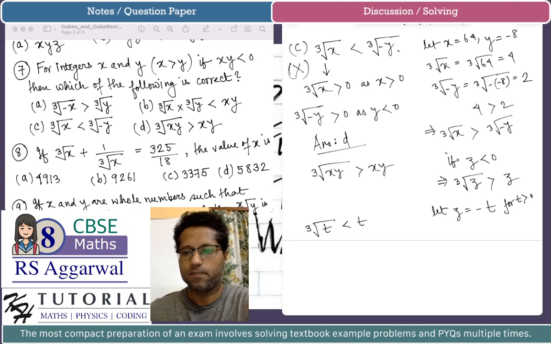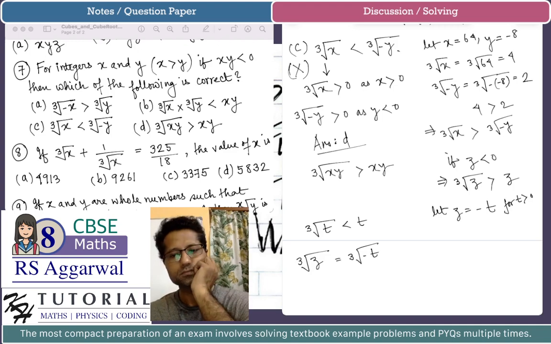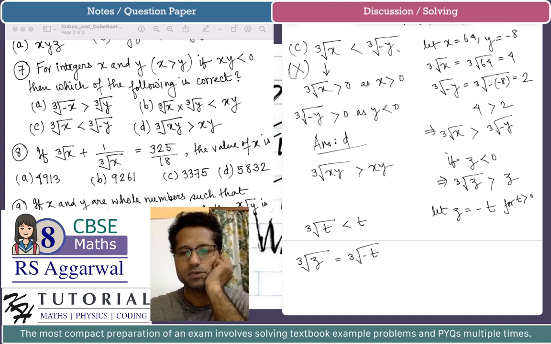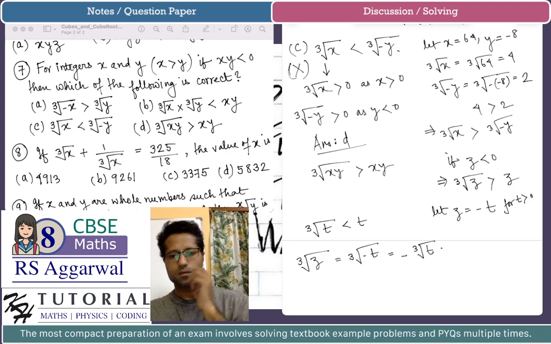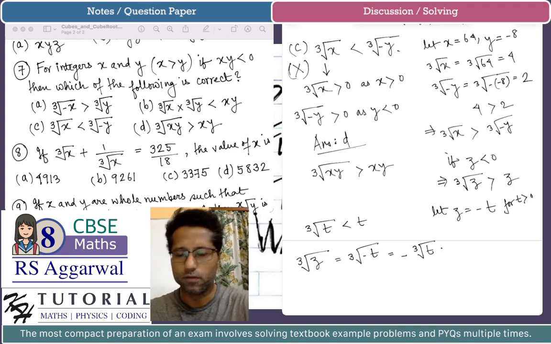Now we have cube root of z equal to cube root of minus t, which is equal to negative of cube root of t.